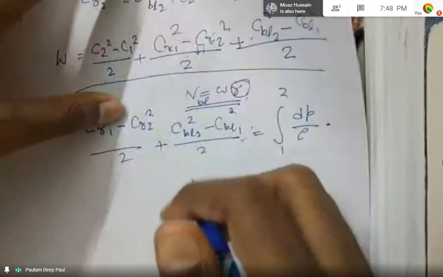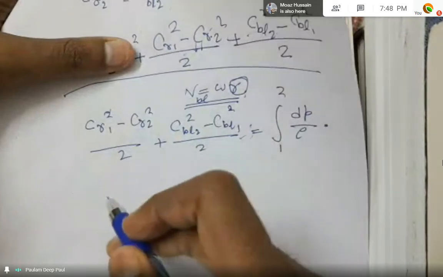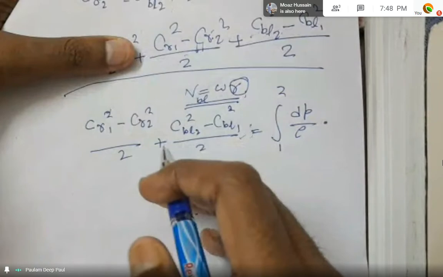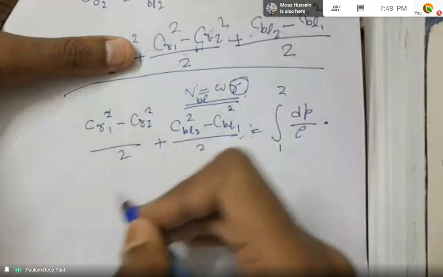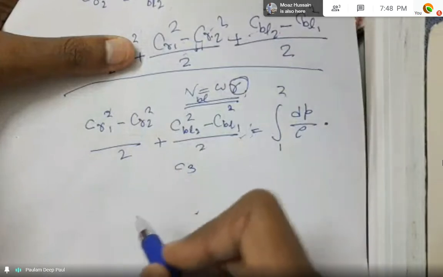Now, as I have stated earlier, as in the axial compressor, the velocity exiting the diffuser we can term as C3 or C4, whatever it is.